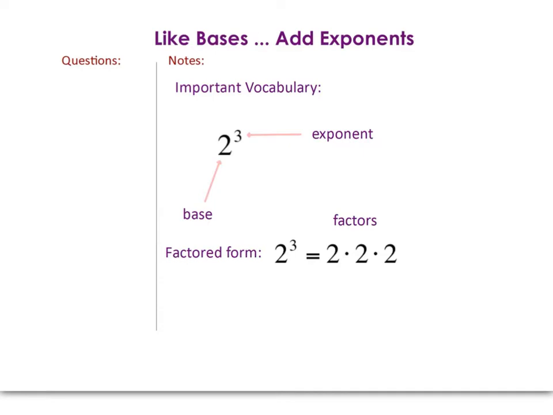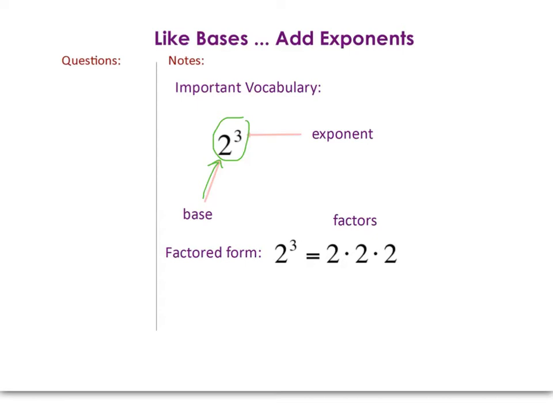So, we're going to start off with some important vocabulary. If we look at this piece, 2 to the third, the little 3 is called the exponent. It's going to be that tiny number. What the exponent does is it says how many times we're going to multiply the base by itself.